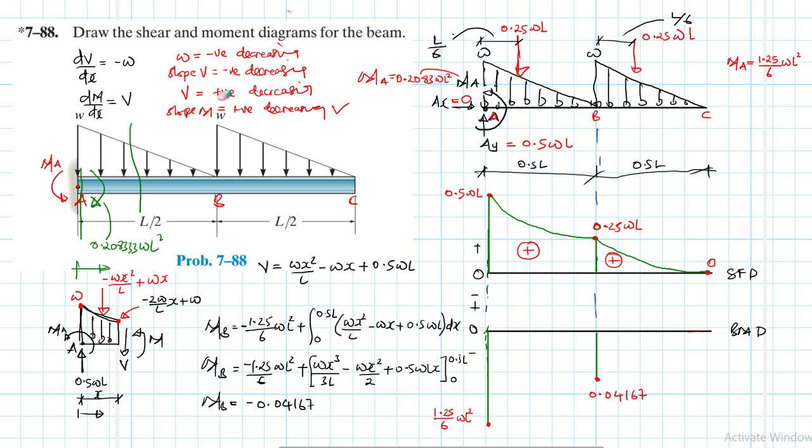Since we do not need any more rounding off, we can also rewrite this one. The reason I just wanted to change it into a fraction was to just maintain the accuracy. It is 0.2083 wL squared.